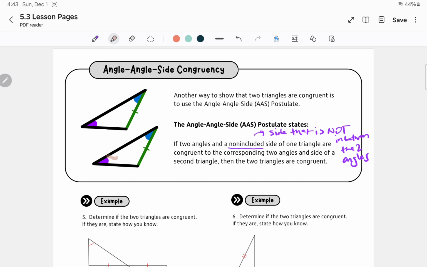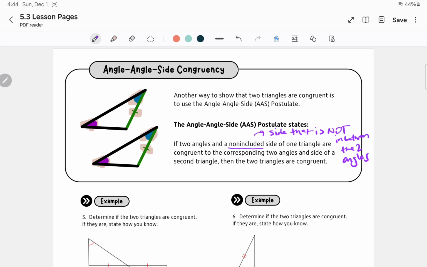So on the picture, see how this is an angle right here and an angle right here, and then the side is not in between. Then on the other one, there's an angle, and the side is not in between, and it's in that same position. It wouldn't be this one over here, but it would be this one, both of those. That would make it angle, angle, side.